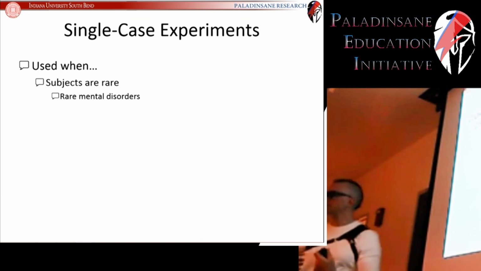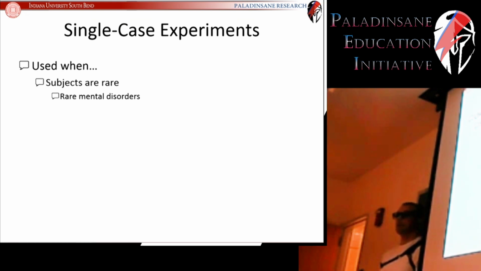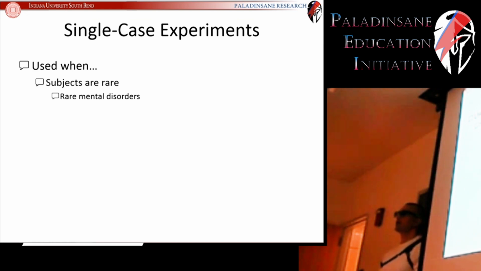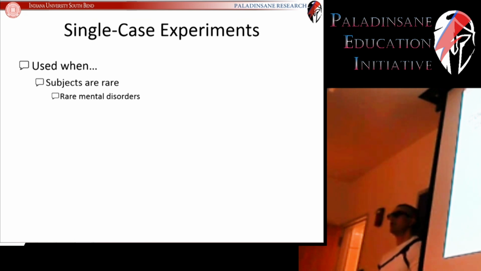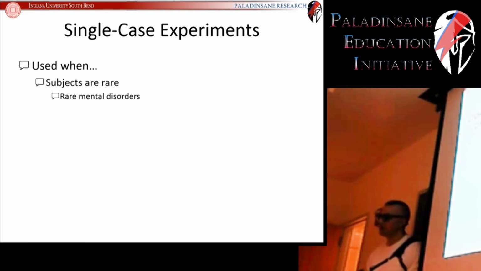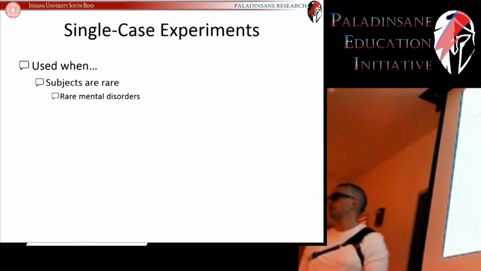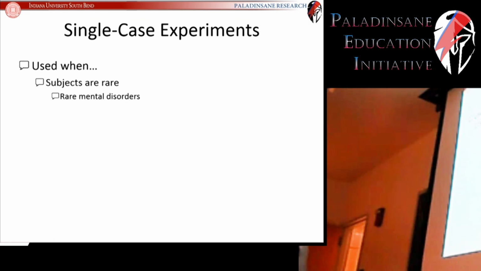So this is the case with certain rare mental disorders. It's part of psychology. We want to understand these mental disorders. But if they occur in 1 in every million individuals, it might be hard to get a sample size of 100 for these individuals. You're basically looking at almost every single one in the United States population. It's going to be difficult to come by.